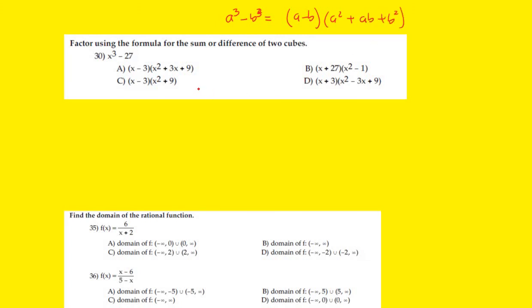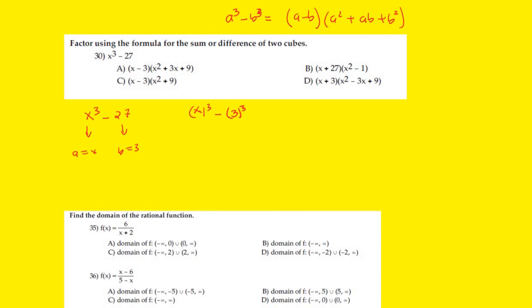Okay, so if we follow the formula, we have x cubed minus 27, right? Let's put a is equal to x, and b is equal to 3, because you can rewrite this expression as x cubed minus 3 cubed.